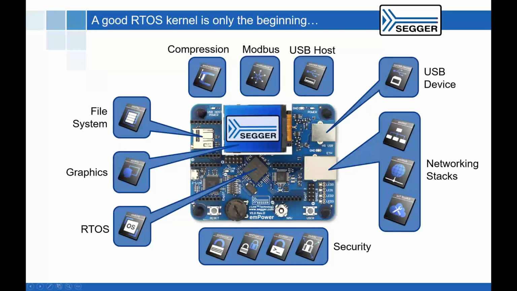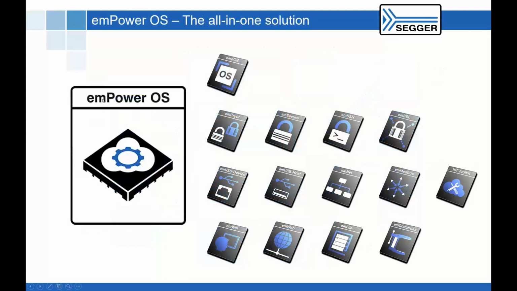You can buy these a la carte, essentially these different components, or if you have a system that needs most of it, this is where embPortOS comes in. You basically buy the all-you-can-eat menu, and all these components are included in source code form.